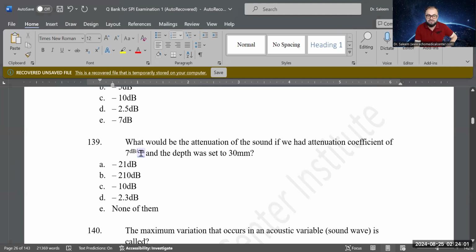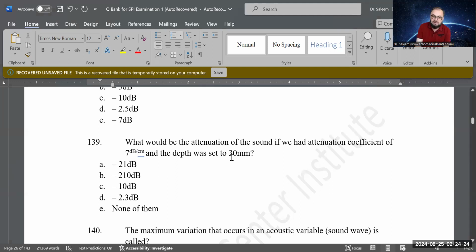This centimeter cancels with that centimeter, and then the only unit left will be decibel. Remember, in the previous question, the unit for attenuation is minus decibel, not positive, because that would be amplification. That's why it's attenuation: it's the loss of the sound.